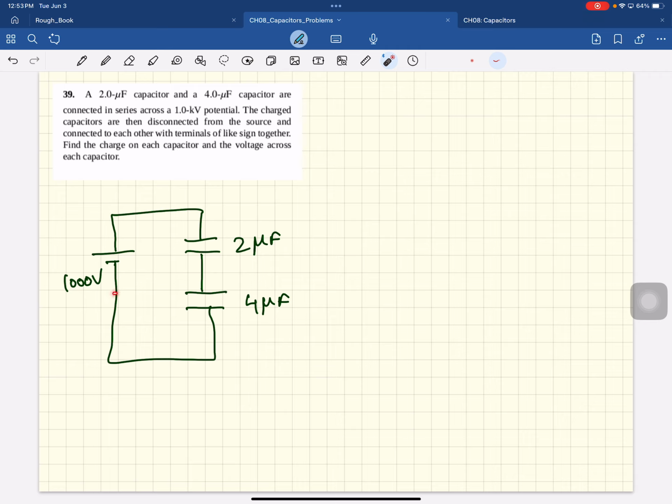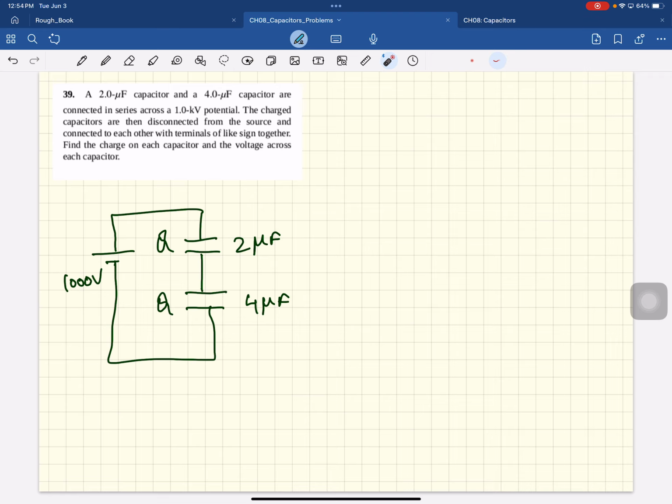So you charge them, and when you connect them in series, what is the charge? The charges are equal. Okay. And how do we find the charge on them? What you do is you reduce this to a single capacitance. Whatever the charge is on that single capacitance is the charge on these guys.